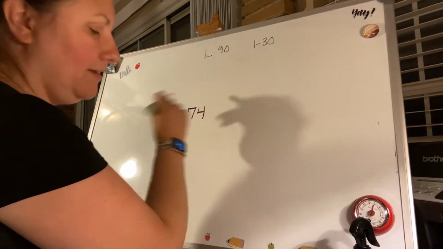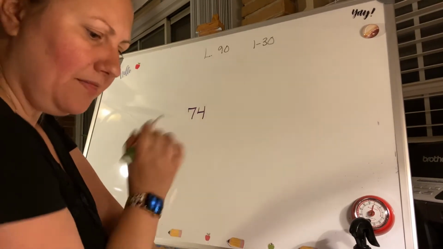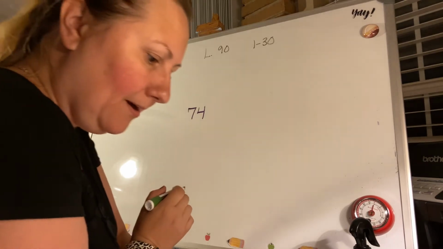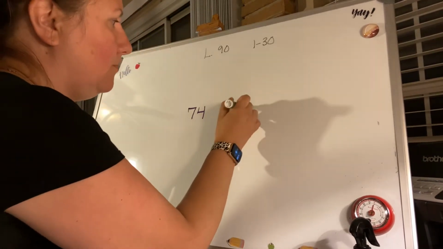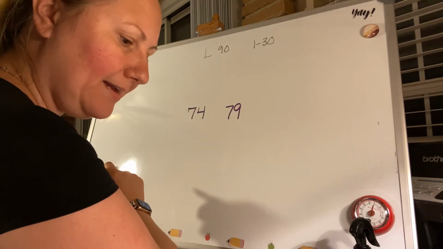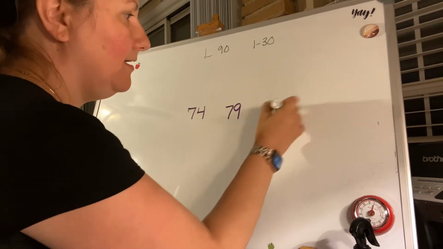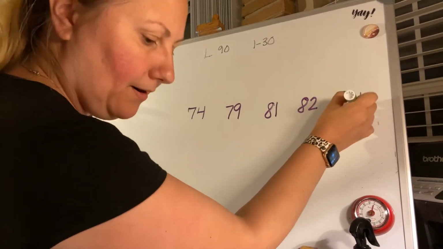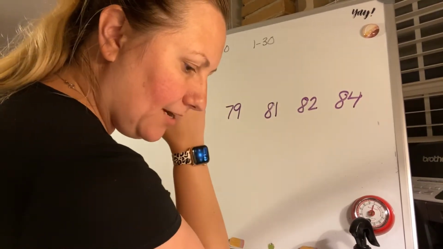Normally I write all the numbers down and then I cross them out. This time I think I can pay attention well enough to say we have 74. The next one, in order of temperature, 79. I see 81, 82, and I see 84 degrees Fahrenheit.